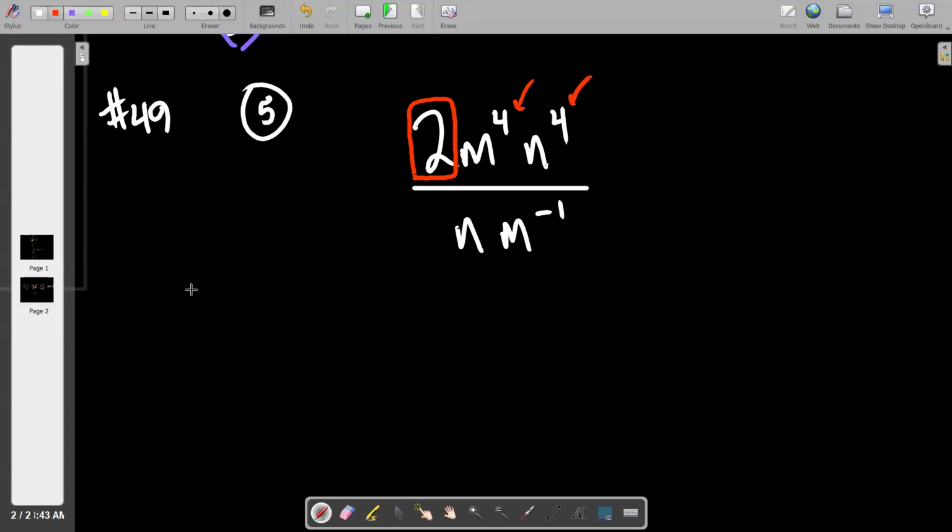So we know for sure that the answer is going to have a 2. We clear? Yeah, the 1. Everything has an exponent, right? If you can't see it, it's a 1.